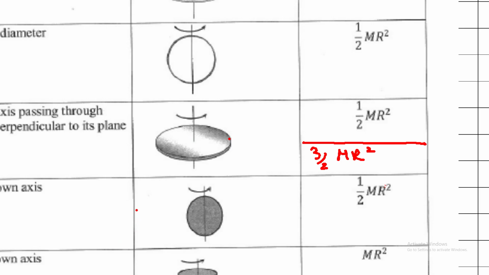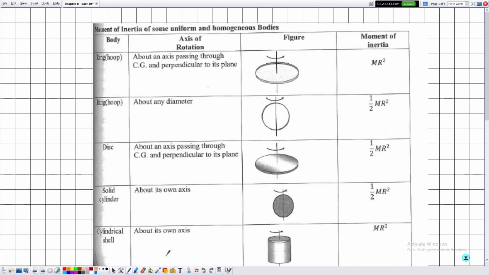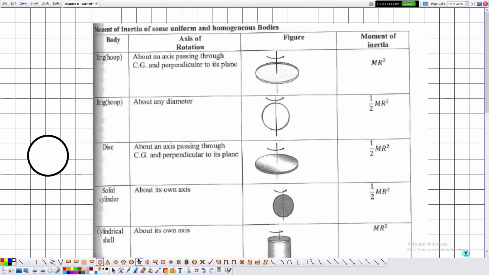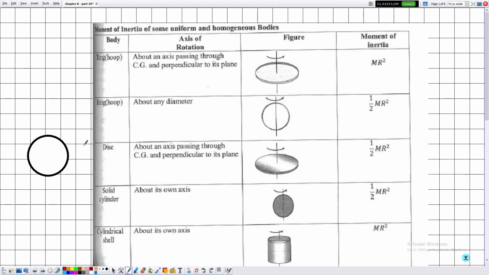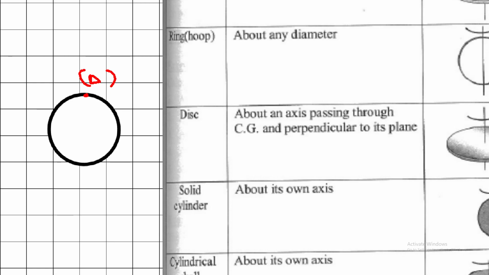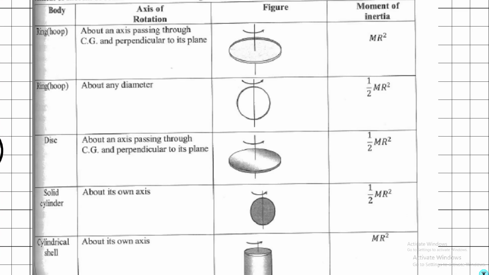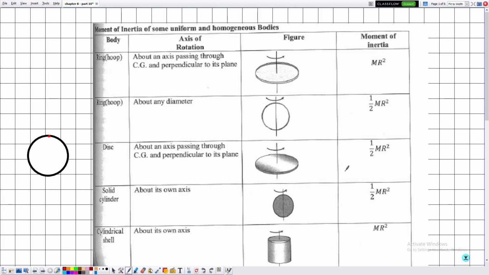if the axis of rotation is passing through the peripheral of the disk. Okay, so for example here, if you have a disk that is hinged at this point here, and if it is allowed to rotate around this axis delta like this, anti-clockwise, then its moment of inertia will be given by 3 over 2 mr square.